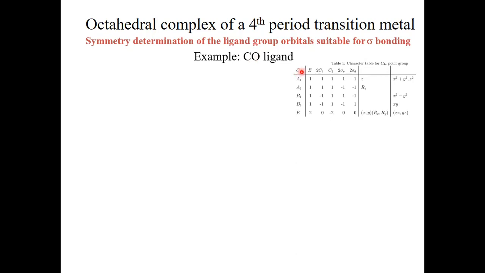So we reduce the order of your infinite axis from infinite to 4. This is because the order of 4 is still high enough so that you do not overlook degeneracies in orbitals.